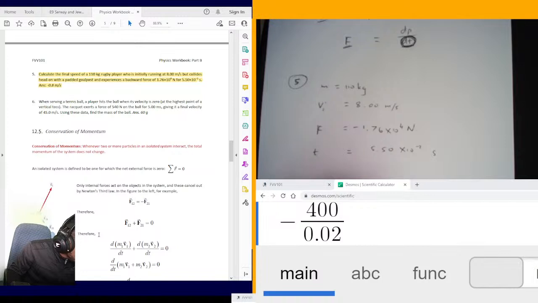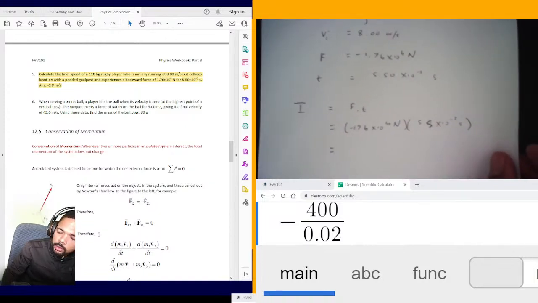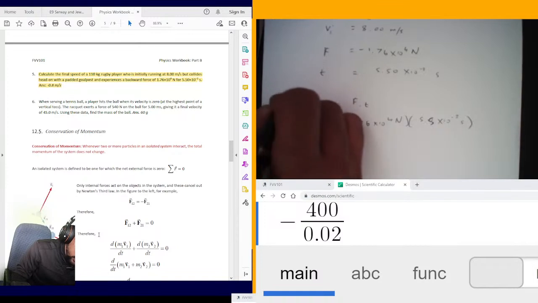Now, let's first calculate the change in momentum. The change in momentum, or the impulse, is equal to force times time. The change in momentum is also the impulse.